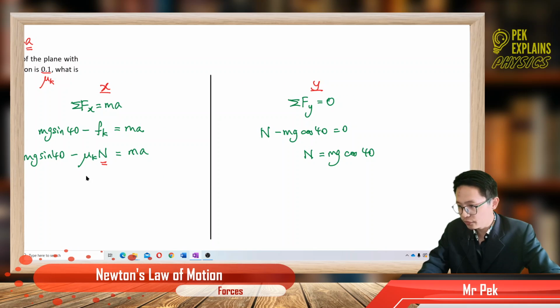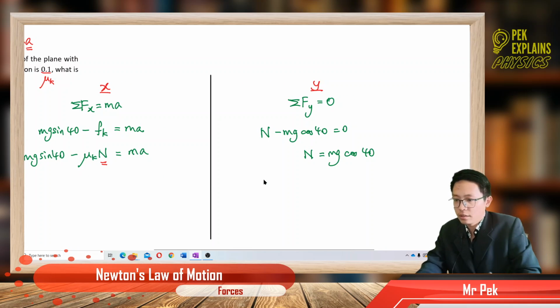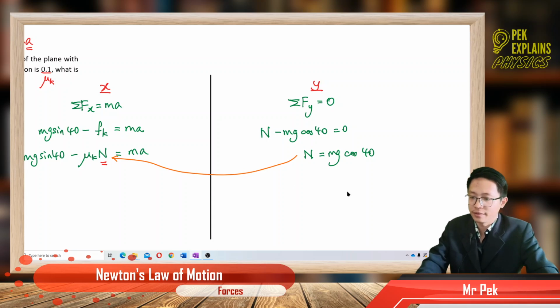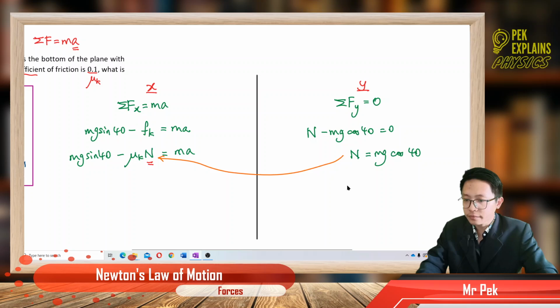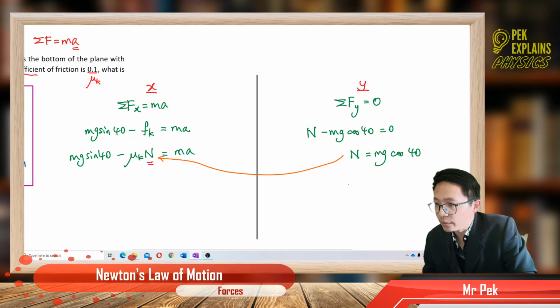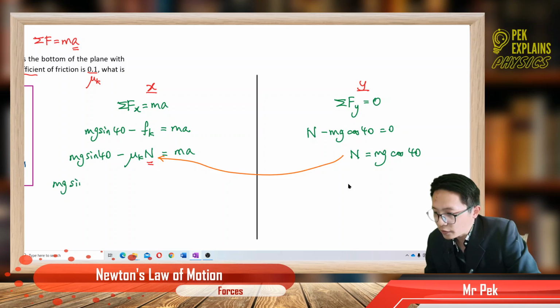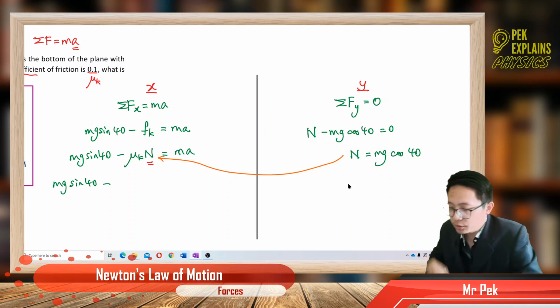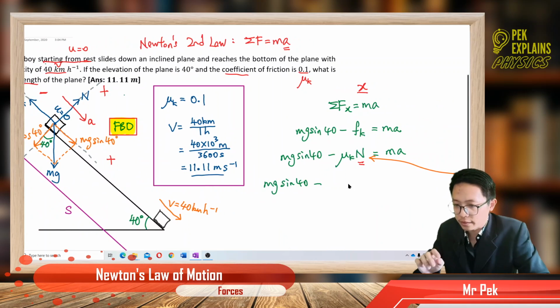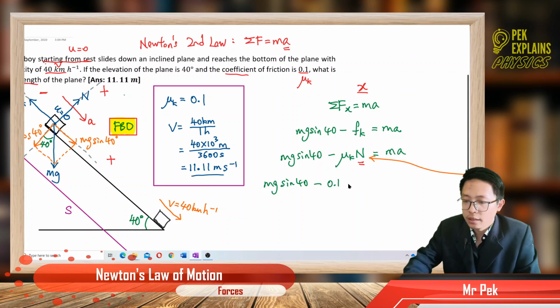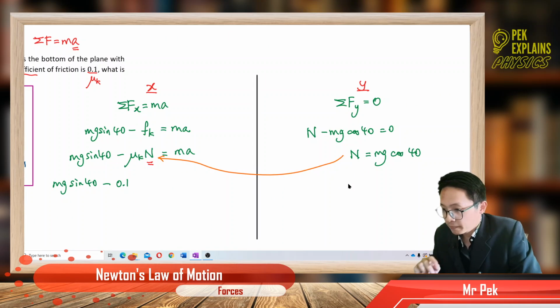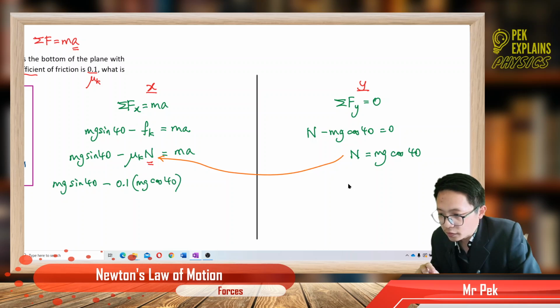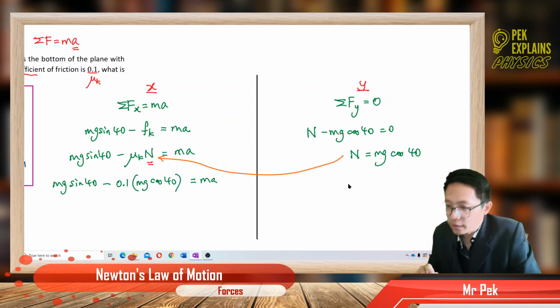Now that we already have the normal force, we can substitute it into the x component. So mg sine 40 minus mu k, which is already 0.1, times the normal force, mg cos 40, equals ma.